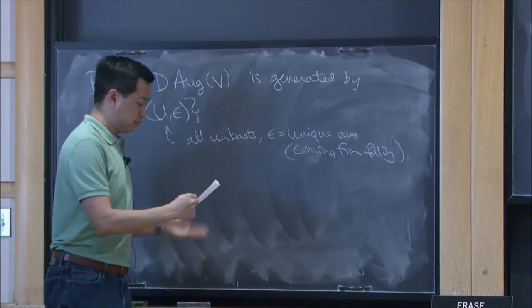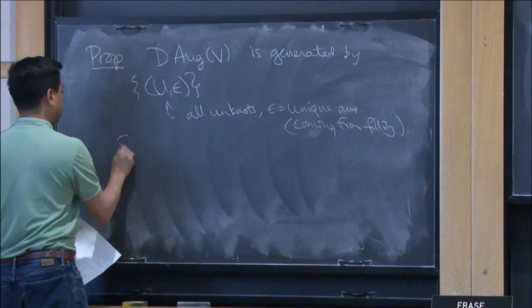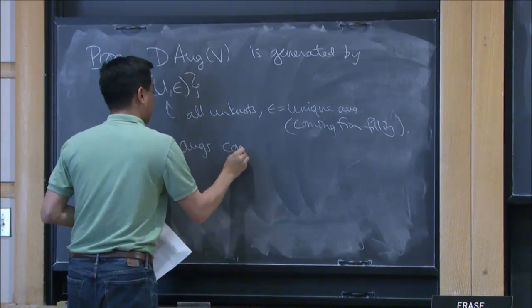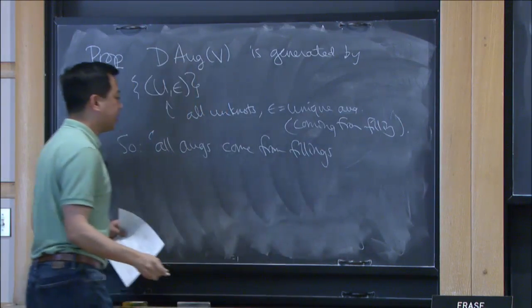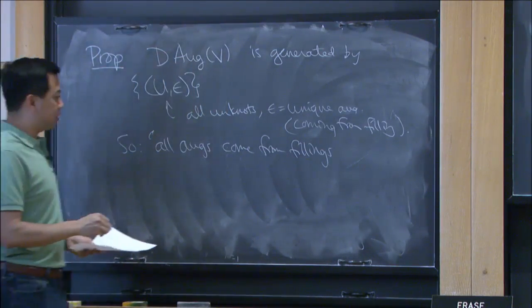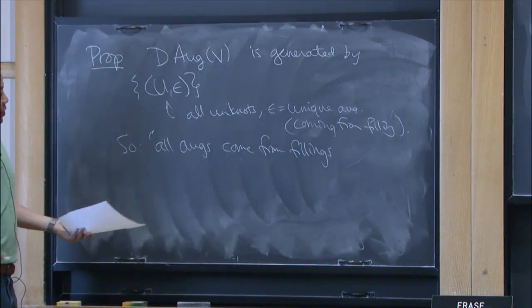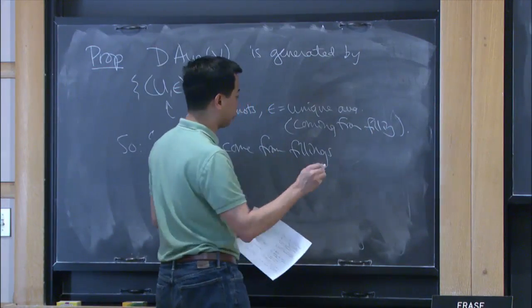So in some sense, all augmentations come from fillings. Again, it's not the case that all augmentations of any Legendrian knot come from fillings, but in this one-jet circumstance, they all come from fillings, in fact fillings of the unknot, but in this derived sense.